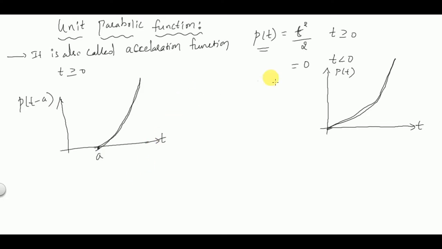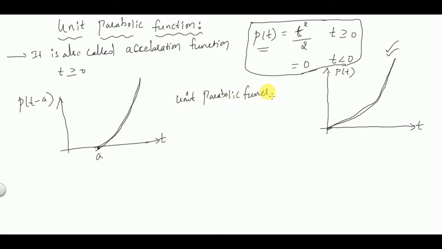The important point here is the mathematical representation of unit parabolic and its diagrammatic representation. Along with that, we have to know the relationship between the three types of basic signals, that is step, ramp and parabolic inputs.